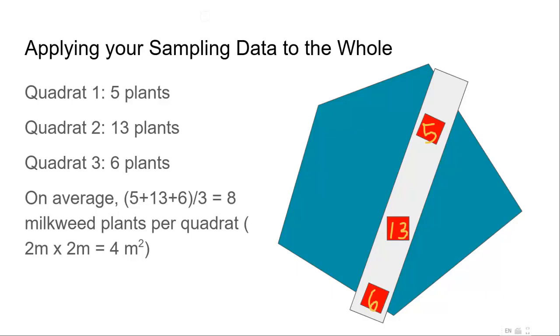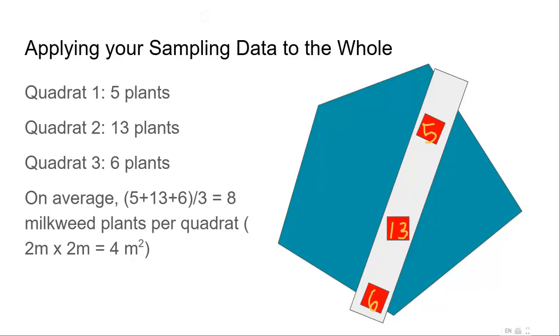This is fairly widespread, but we can determine an average by adding those three numbers together and dividing them by the number of quadrats that we lay down. So 5 plus 13 plus 6 divided by 3 is 8. So on average, we would have 8 milkweed plants per quadrat.